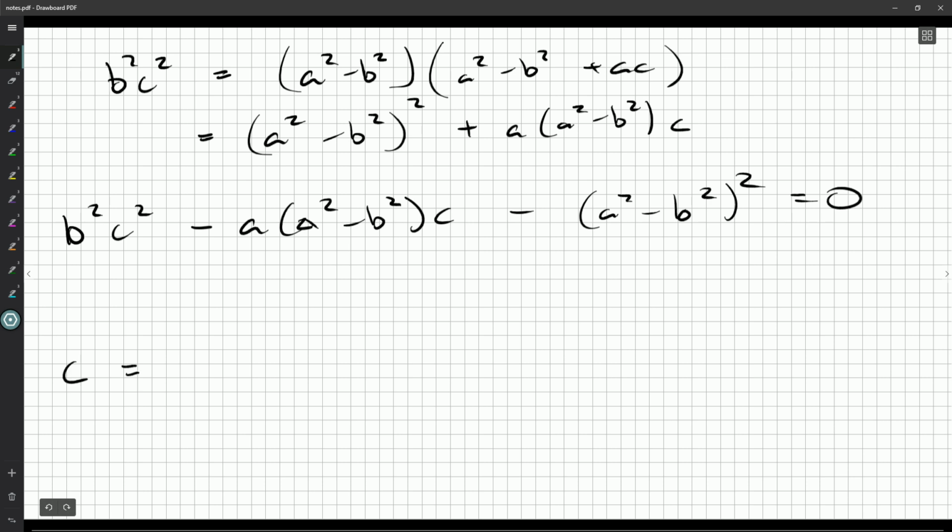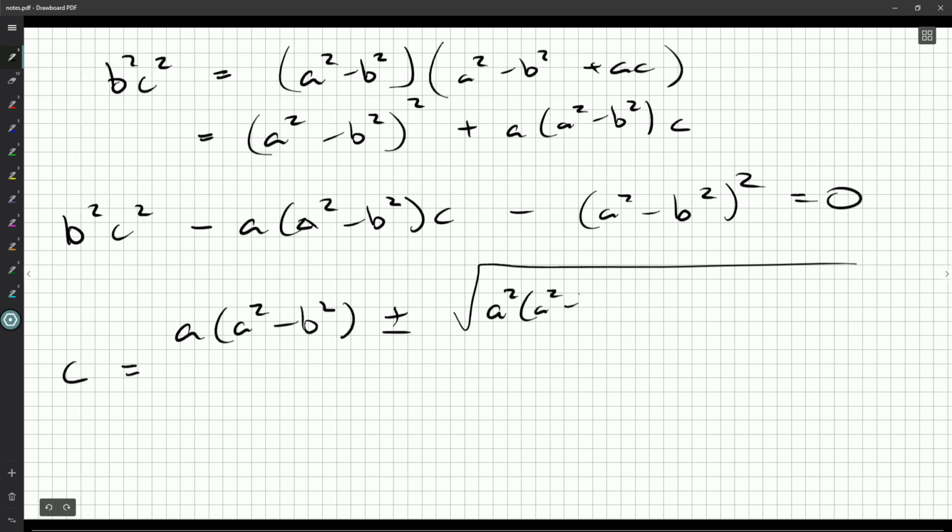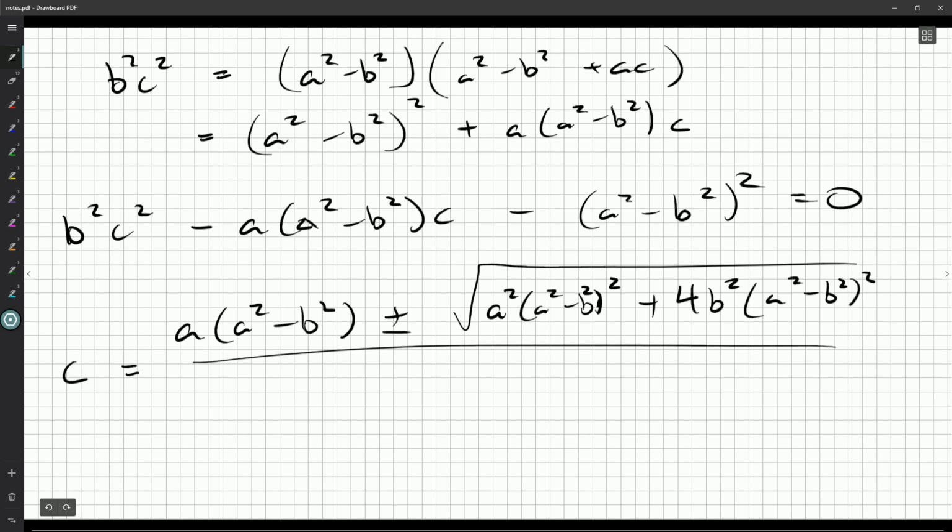So c has got to be negative b plus or minus, although I'm pretty sure it's just going to be a plus, square root of b squared minus, but we've got another minus, so it's plus 4ac, all over 2a.